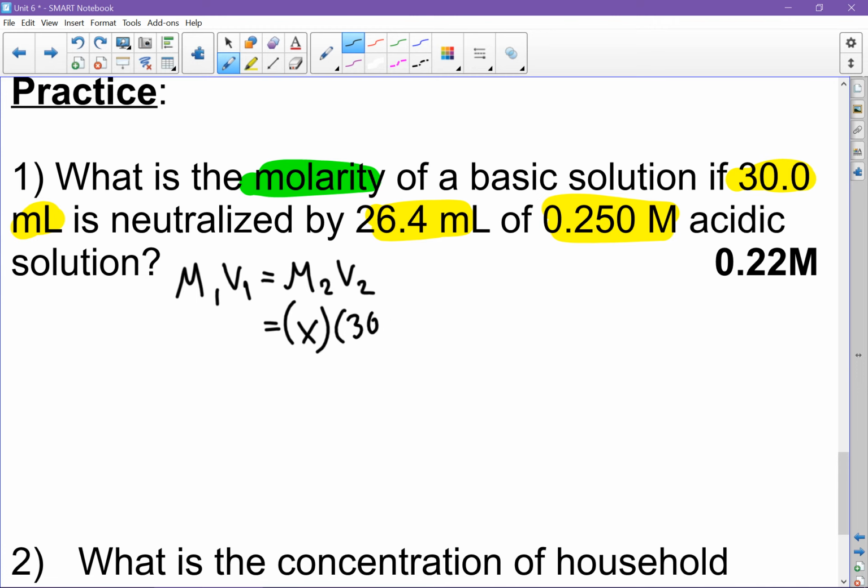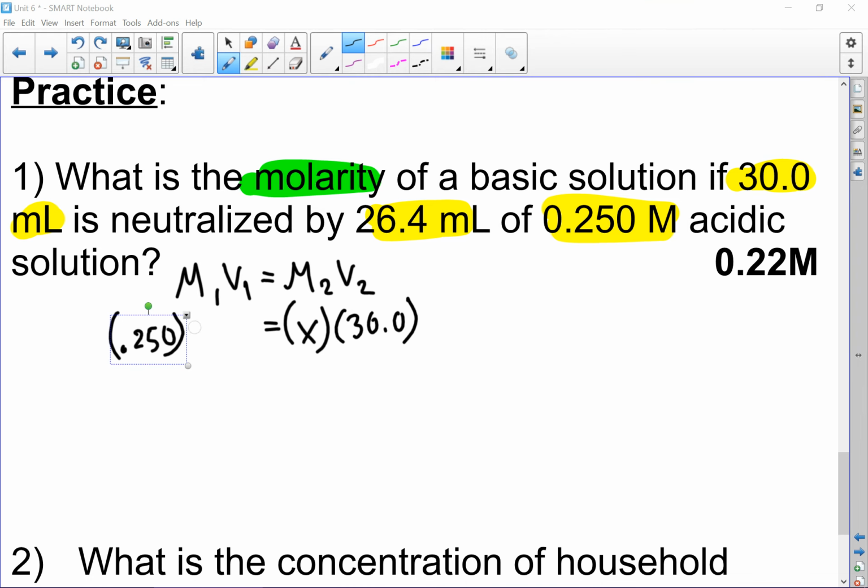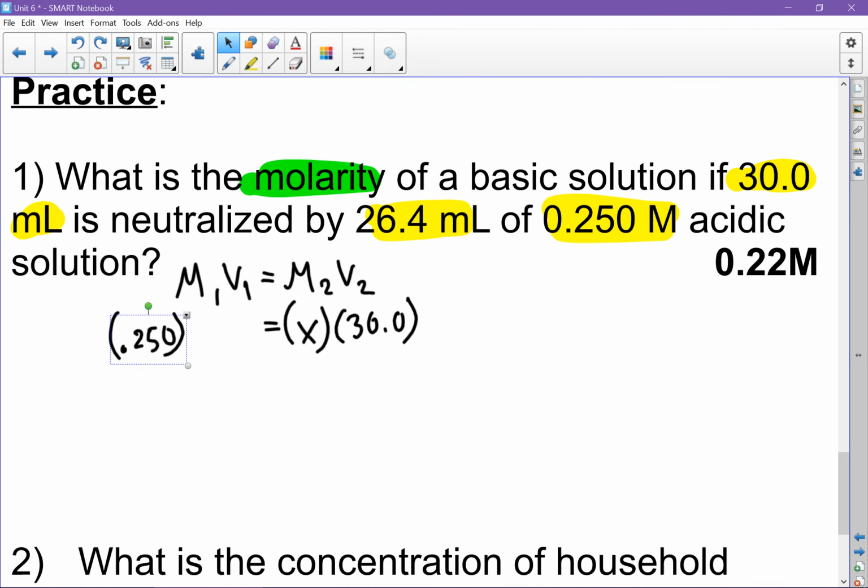So that goes over here. The initial molarity of the acid that I started with was 2.50, and the amount of that I had, whoops, I don't know what that was, let's see, 26.4 milliliters. That's my volume.